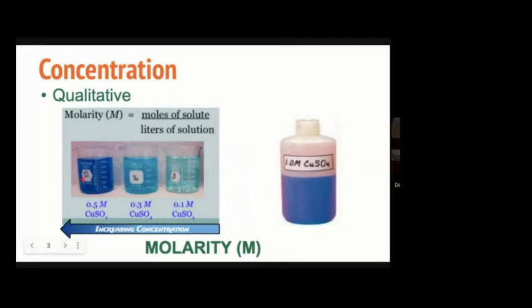And so if we dilute it by adding more water, this solution is half as concentrated as the 1 molar solution. This one is 1/3 as concentrated as the 1 molar solution, and this one is 1/10 as concentrated as the 1 molar solution. And we could do that by simply adding more water to this solution in measured increments.